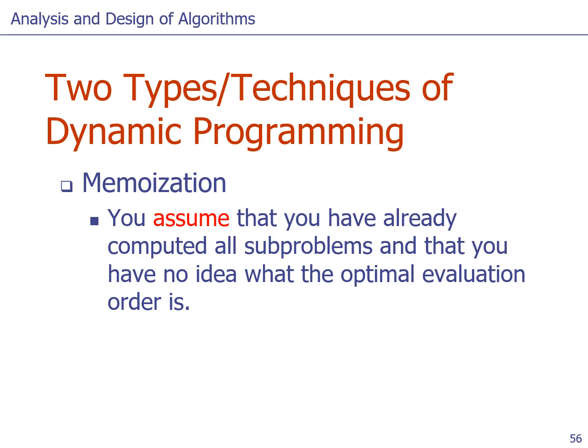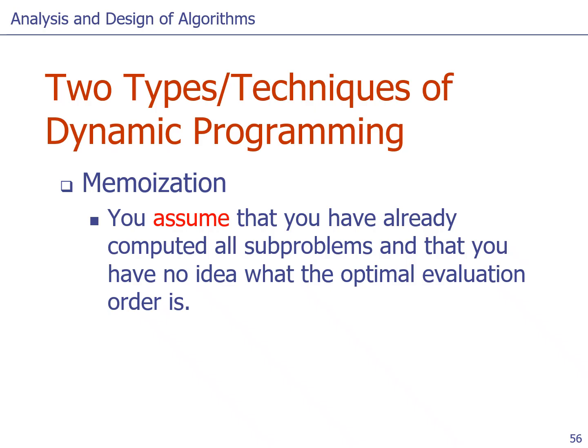So to summarize, there are two techniques. Memoization: you assume that you already have computed all the subproblems and that you have no idea what the optimal evaluation order is. This is an important observation. What I'm doing in memoization is I'm just using a storage space to record everything I'm doing.